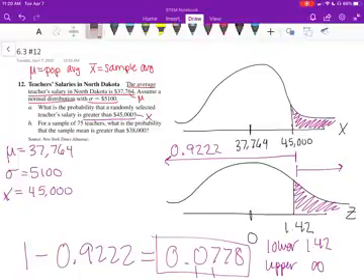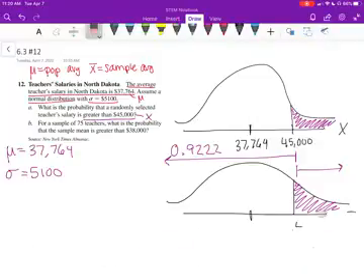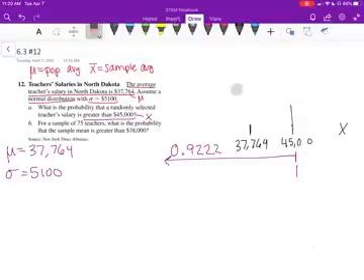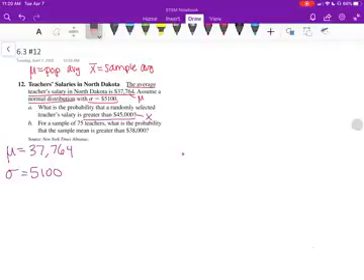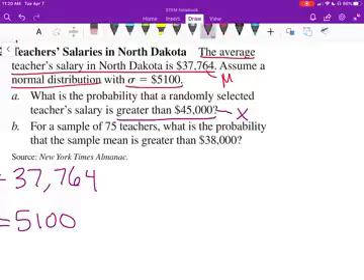And now for B, let's look at B. It's a little bit different. Part B, you're going to use the central limit theorem for. And the way you know that is because they give you, let's use blue, a sample mean and a sample size.